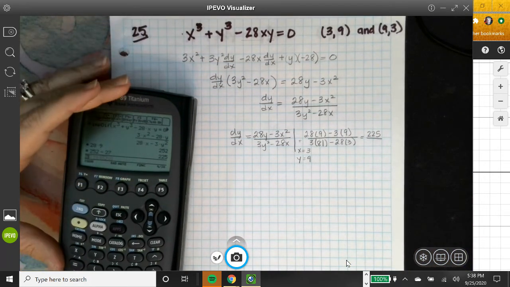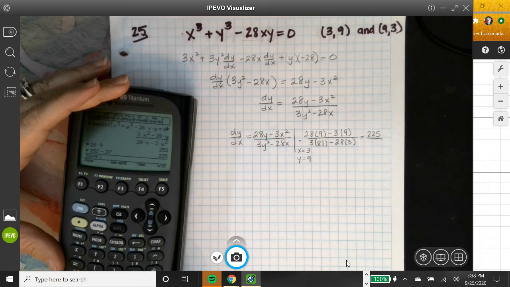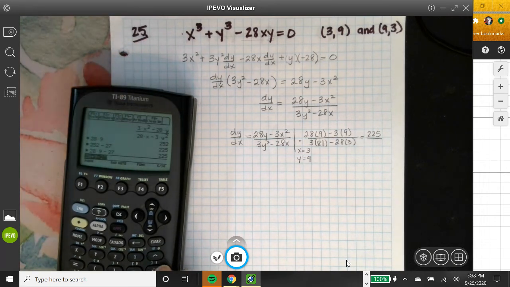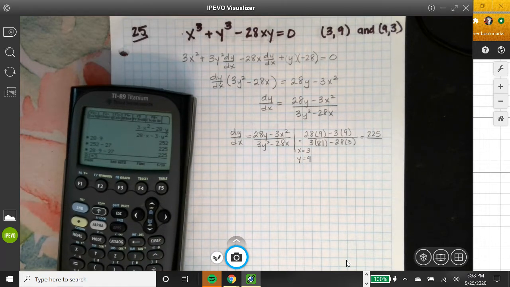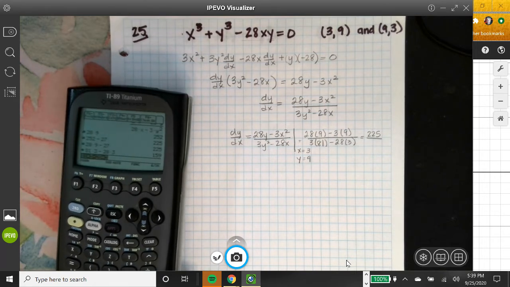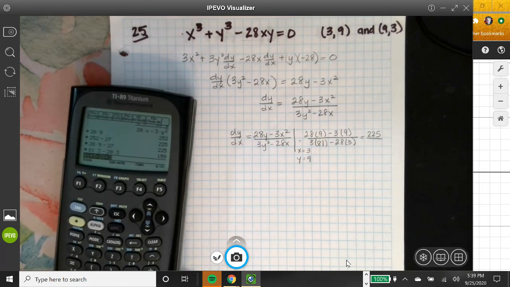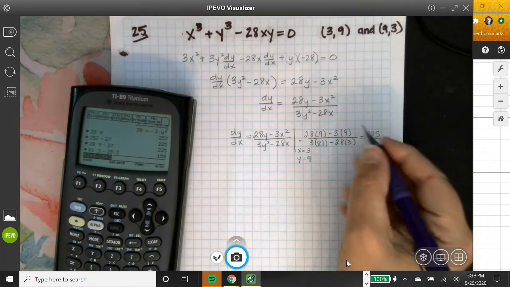I'm going to try it again. 28 times 9 minus 27. Yep, I should be all right with that. Okay, and then it's going to be 81 times 3 minus 28 times 3. And that's 159.